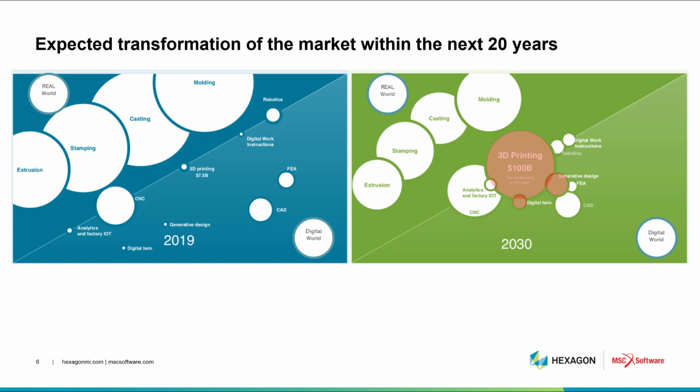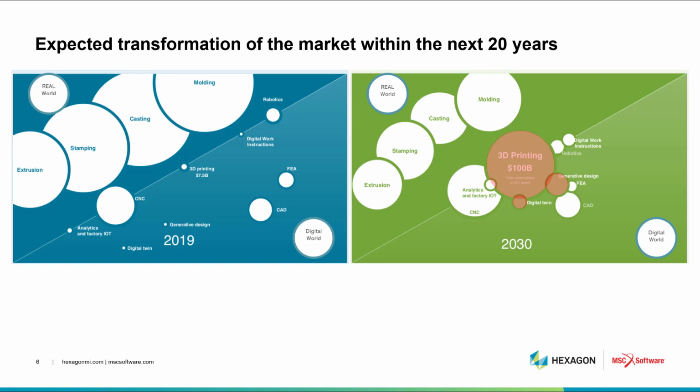So we expect that the market will shift to digital twins to work in the digital world more and more, and all of this now covered by 3D printing, which is exactly in the middle between the real and the digital world, because it combines both worlds by having just digital information and making real parts out of it.